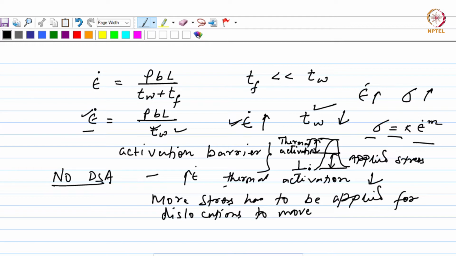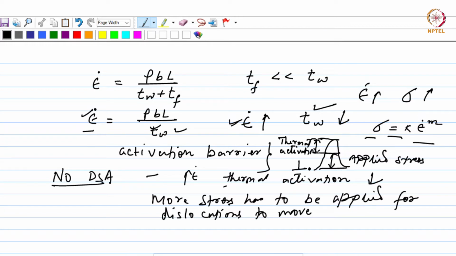So as you increase or decrease the time, the amount of thermal energy received by the dislocation will vary. If you decrease the time, obviously the thermal activation received by the dislocation will also decrease. That is straightforward, isn't it?